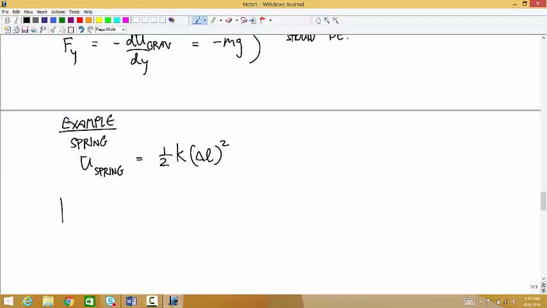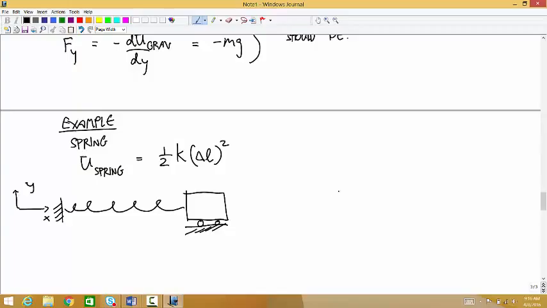So let's set it up like this. Imagine a spring connected to this mass. And we'll use a coordinate system with x horizontal, y vertical.